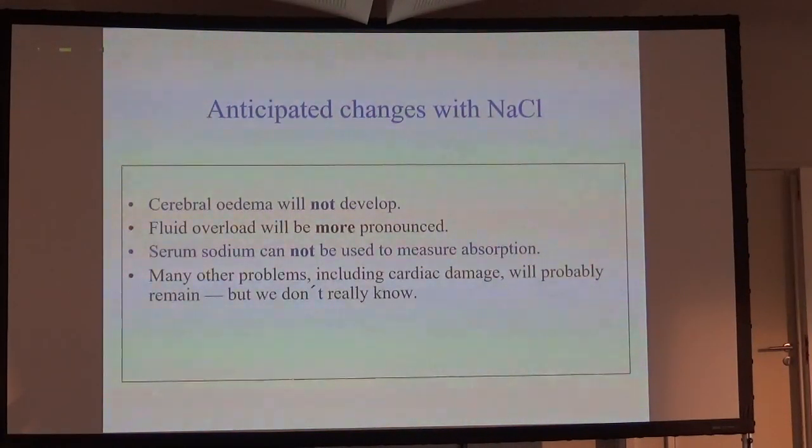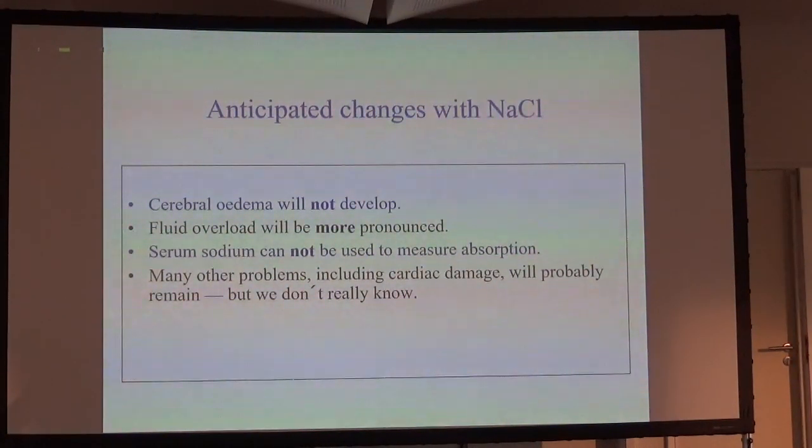Very little is published about this. The scientific interest in the TUR syndrome has decreased quite a lot. We have some incidence studies that show that absorption incidence is almost like it was before, where between 2 and 10% of the patients undergoing TURP absorb 1 liter or more. But the symptoms are less dramatic, and of course serum sodium cannot be used to assess the absorption.